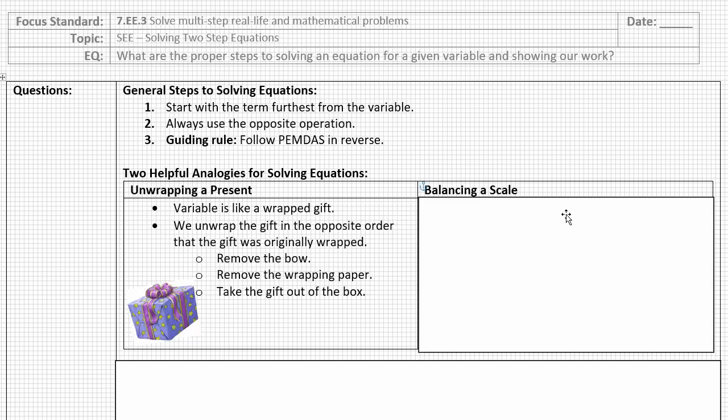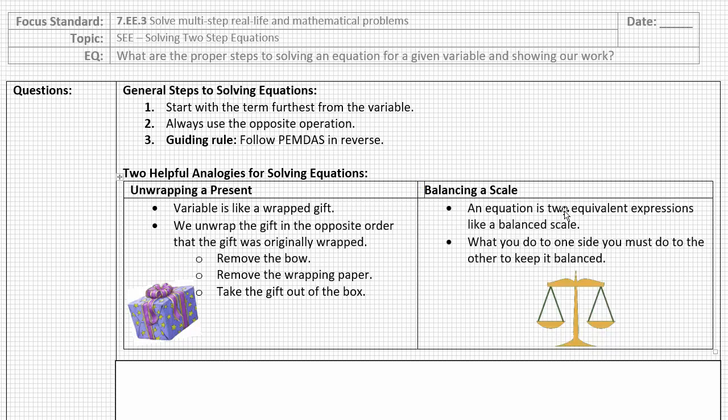The other analogy that is helpful is to think about a balanced scale. So an equation is 2 equivalent expressions, so the expression on the left has the same value as the expression on the right, and that's just like the balanced scale shown here. We know they have the same value on each side of the scale when it is perfectly horizontal.